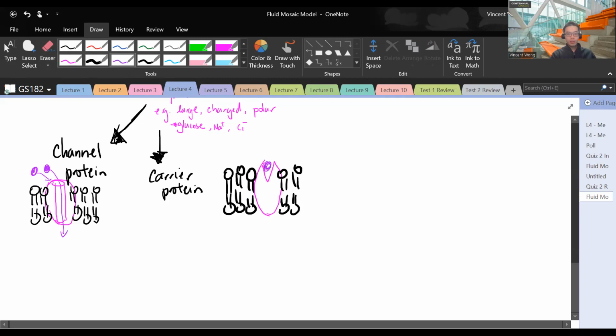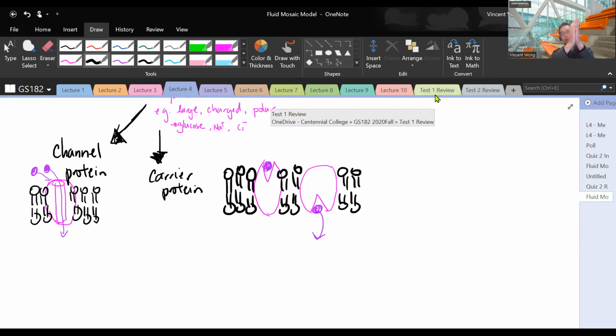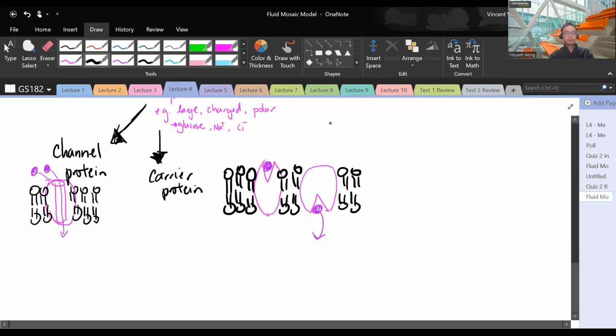It will grab onto the substance, and then it will rotate, and then it will spit it out on the other side. So in the case of channel protein, it's just a tunnel. The protein itself does not change shape. But for the carrier protein, it physically grabs onto whatever you try to move, and then it changes shape and spits it out on the other end.